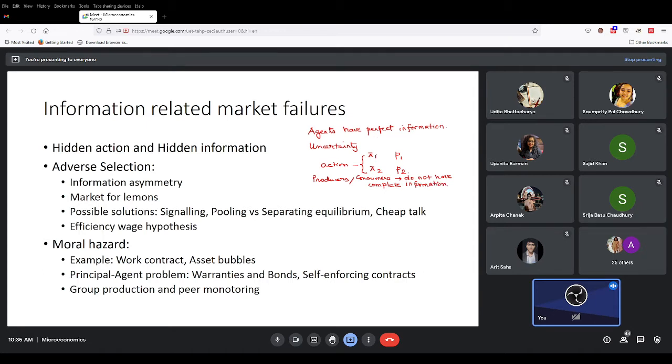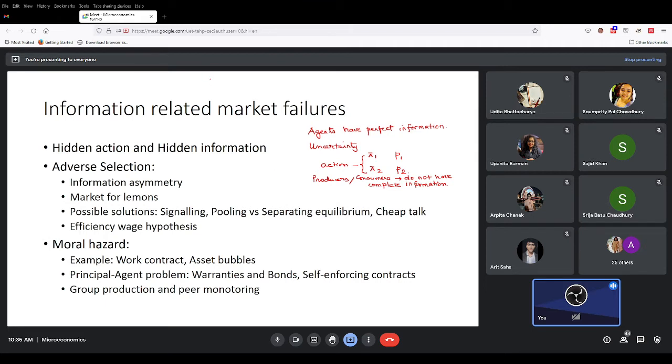All these situations describe a market where all types of agents are equally placed in terms of information.